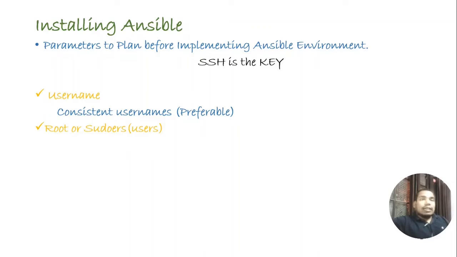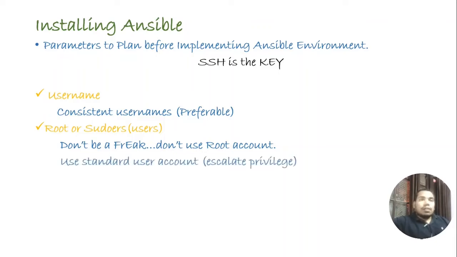Candidly speaking, connecting to a root account over SSH, even though we are going to be using SSH keys, freaks me out. So don't use the root account. We are going to connect with the standard Ansible user, and then escalate privileges using sudo. That means our client computer must have SSH set up only.